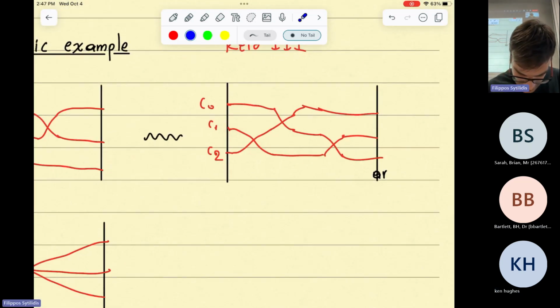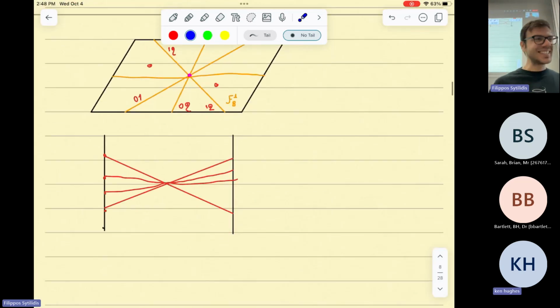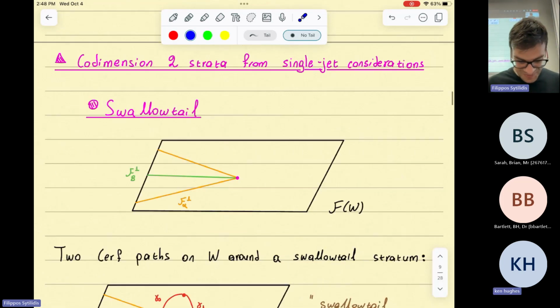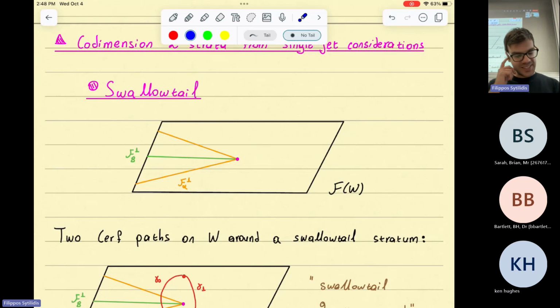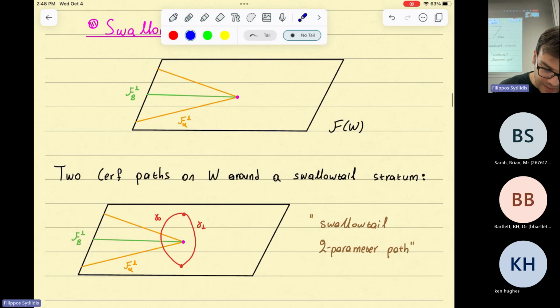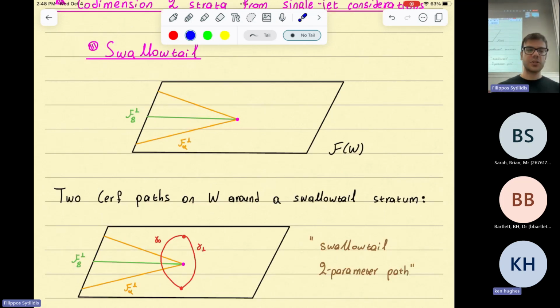Okay. There is a little R here, which I have no idea where it comes from, but we'll see if this is going to be a problem later on. Okay, so are we feeling ready for the swallowtail? So in the swallowtail, this is roughly what the configuration would look like in F of W. We would have two cusp codimension 1 strata at this point, and a crossing codimension 1 stratum, and they would all meet in this codimension 2 stratum, which I'm calling the swallowtail.